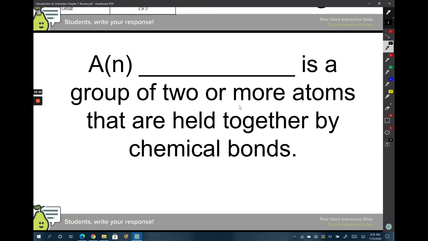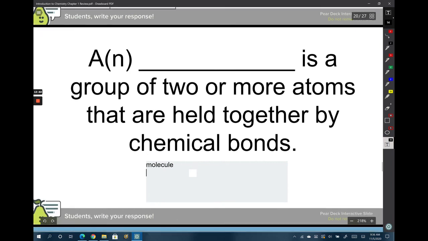It's not. This was a fill in the blank. And I believe you have a word. I can't remember on the test if it's going to be fill in the blank or multiple choice. But the answer for this is a molecule. So a molecule is a group of 2 or more atoms that are held together by chemical bonds.